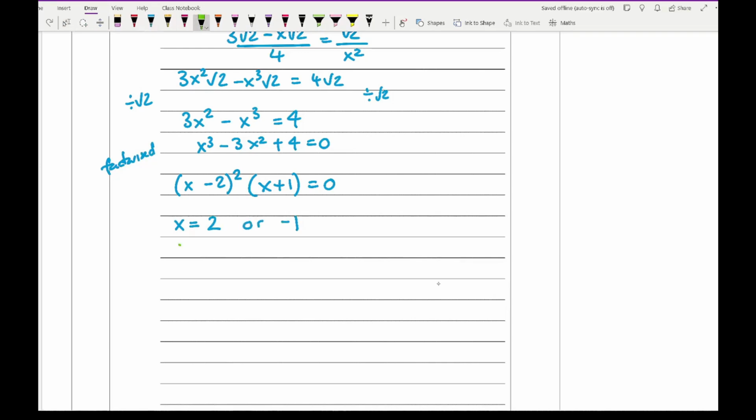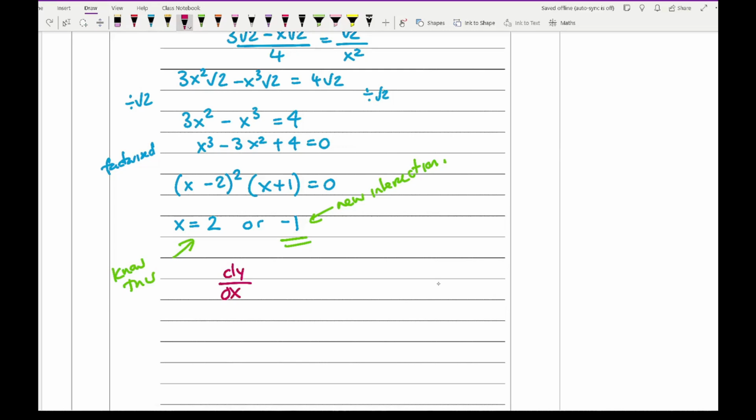Now this one, x equals 2, is already known, so x equals minus 1 is my new intersection point. From this, I can then do dy over dx.